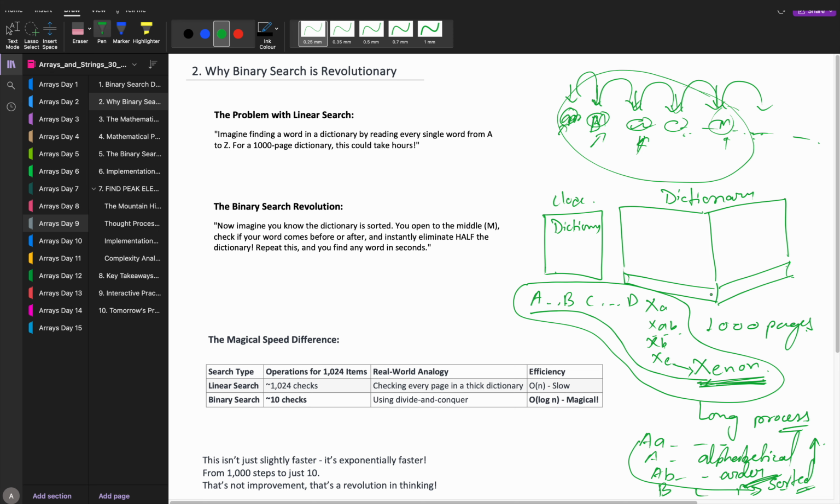So in the dictionary also the same thing is happening. We have words all the way from A to Z. Correct? So it is already in alphabetical order, I can say some sorted order. So if it is already sorted, what do I need to do? I am looking for Xenon.